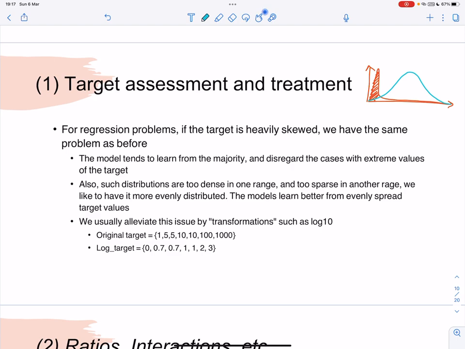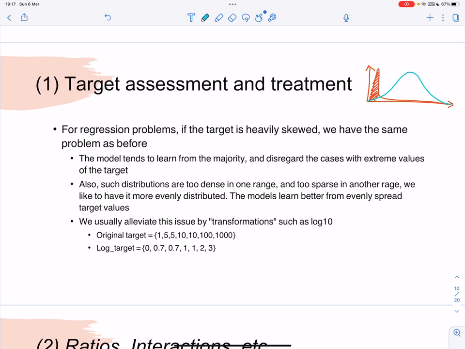So the model tends to learn from the majority and disregard the cases with extreme values of the target. Also, such distributions are too dense in one range and too sparse in another range. We like to have it more evenly distributed. The models learn better from evenly spread targets.